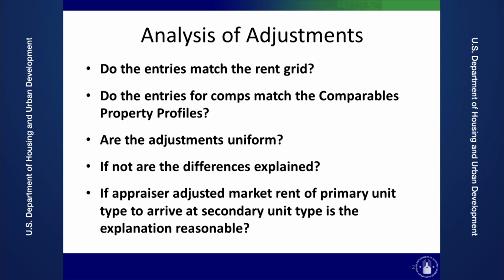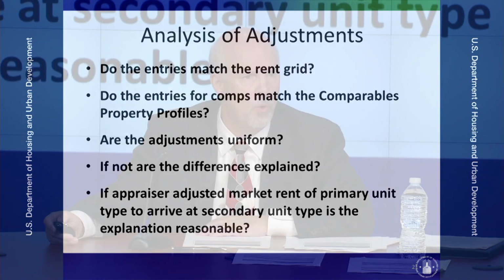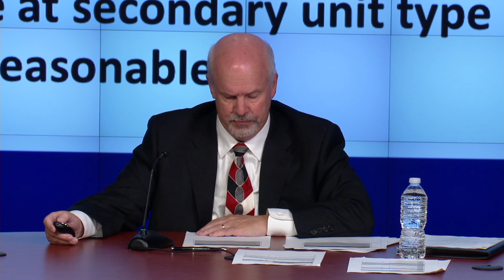If you're making an adjustment of $5 for some amenity in one property, and you make an adjustment of $10 in another property for the same amenity, then either you have to find out what that was, or you have to have it explained by the appraiser.